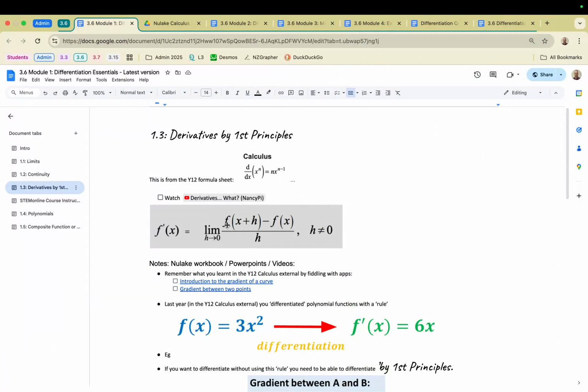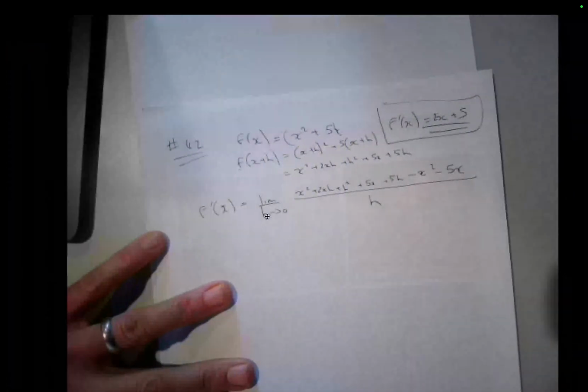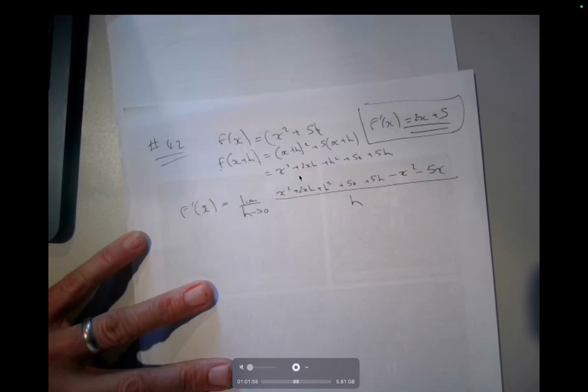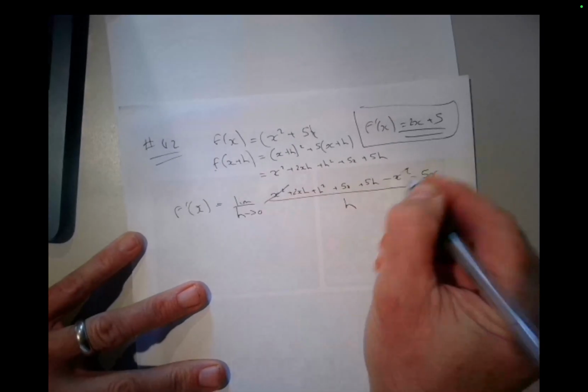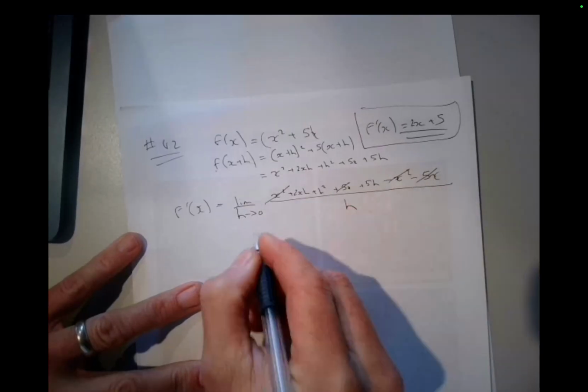So the first bit, the function x plus h, which was this thing here, minus the other function. That's very messy. You get the idea. Okay, so can we cancel some stuff out? Sure can. That thing there cancels that out. That cancels that out. What's left?